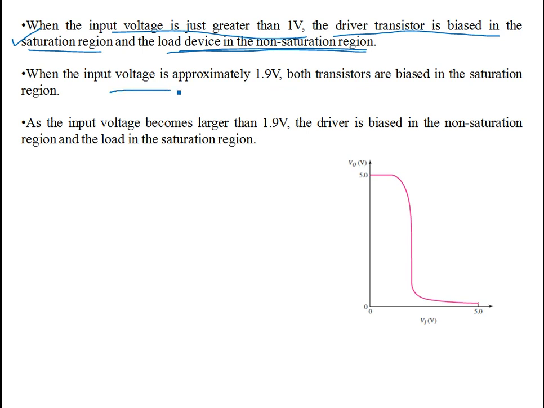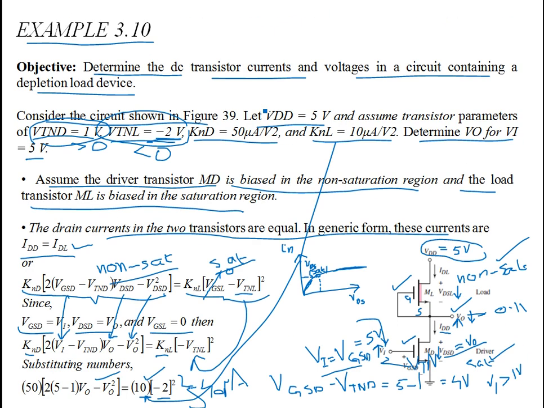But when the input voltage is approximately 1.9 volts, then both transistors are biased in the saturation region. If you increase Vi, you're going to affect your V naught, which is going to affect VDSD. If the input voltage increases, then V0 decreases, and VDSD decreases.